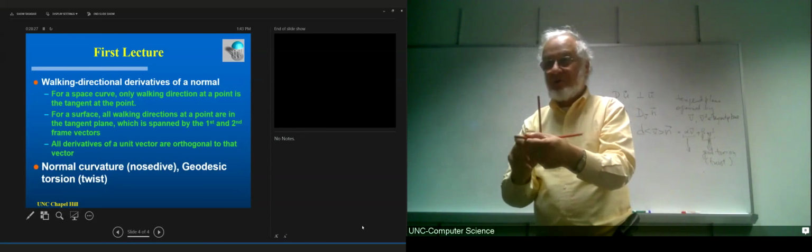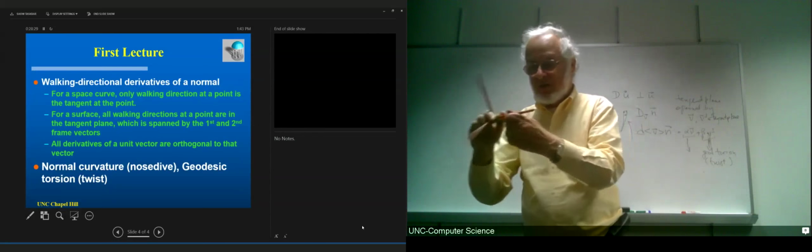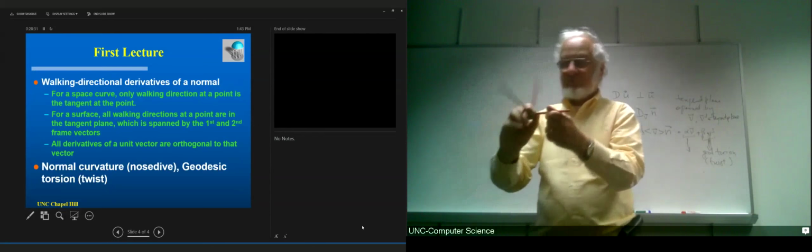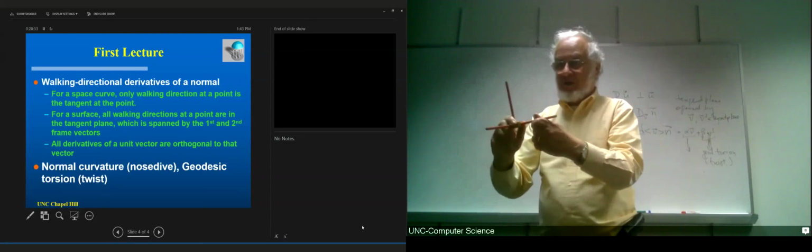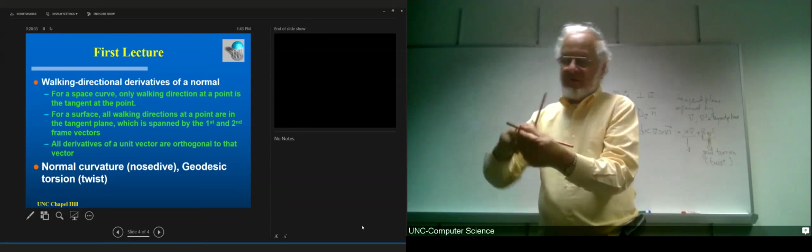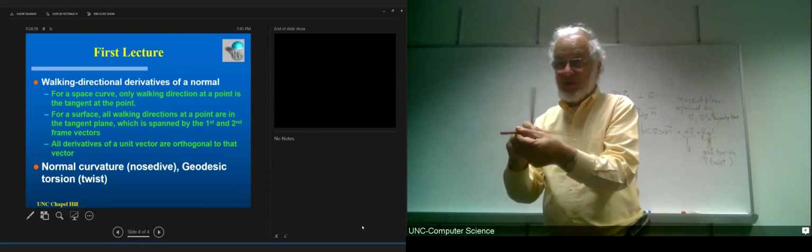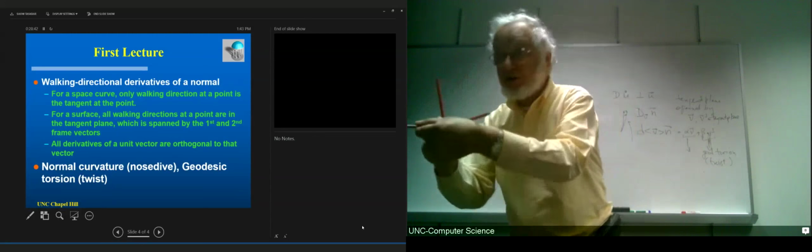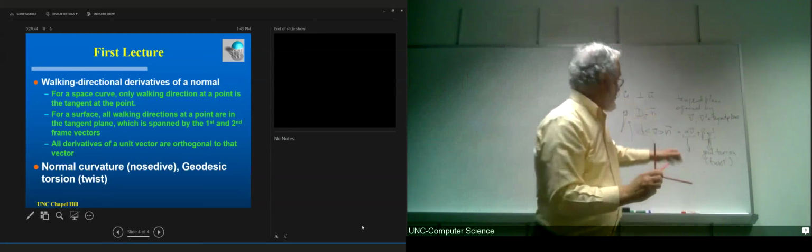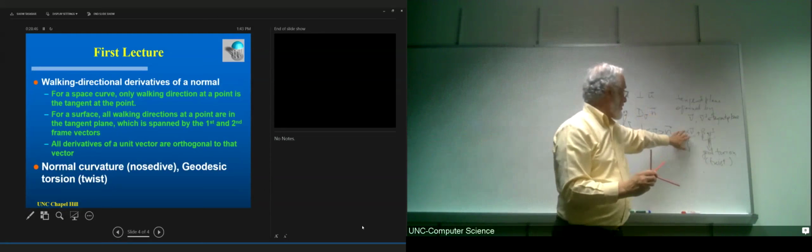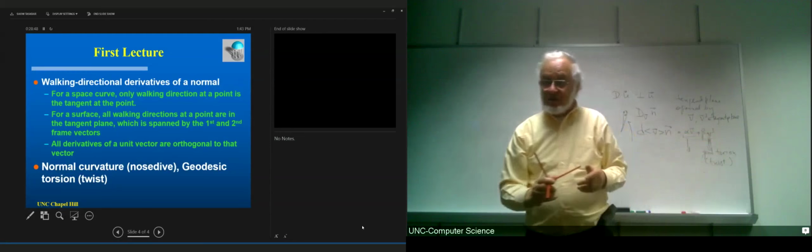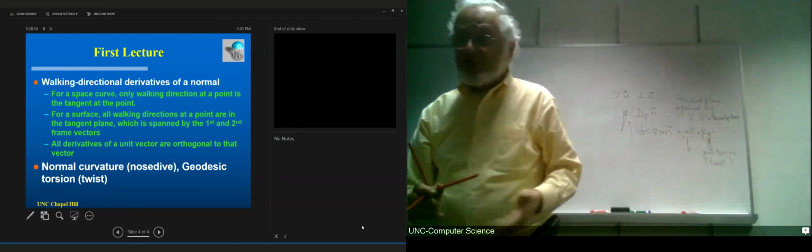This is v perp. We have normal curvature and geodesic torsion, or twist. We twist about the walking direction. But in general, we have alpha amount of nosedive and beta amount of geodesic torsion, of twist.